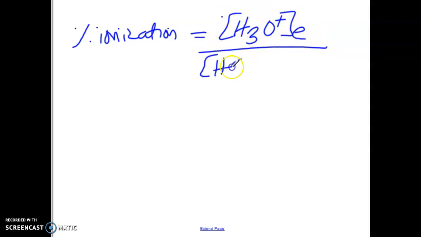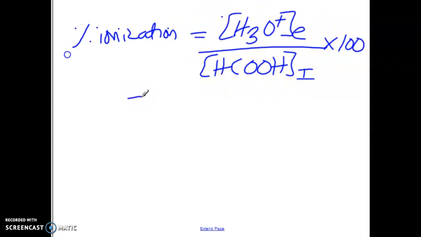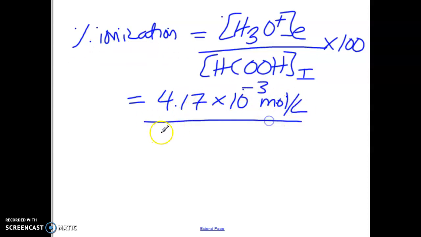And we compare it to how much original weak acid we have. So we're comparing our product to how much we began with, and we can figure out the percent ionization. So this is going to be 4.17 times 10 to the negative 3 moles per liter over 0.10 moles per liter.